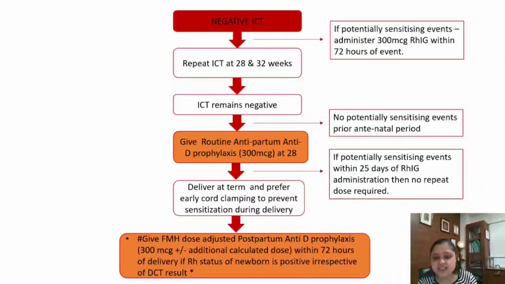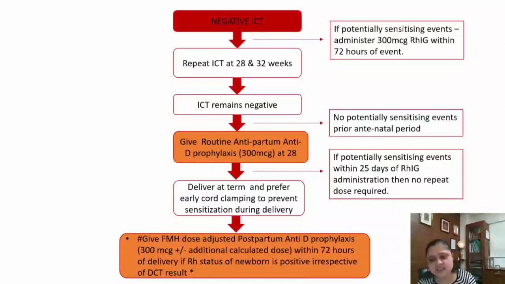In this condition, we are going to give the dose in titration with the feto-maternal hemorrhage, and it should be administered within 72 hours of delivery if the RH status of the newborn is positive, and irrespective of the findings of the DCT result. When the baby is born, we are supposed to perform a DCT.